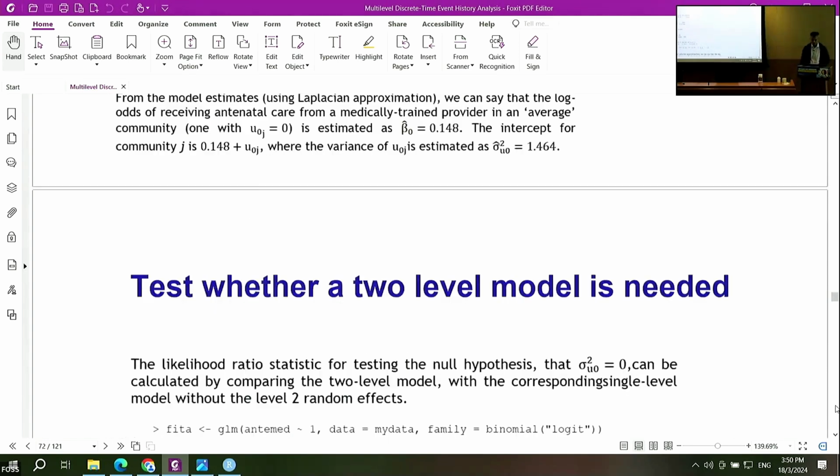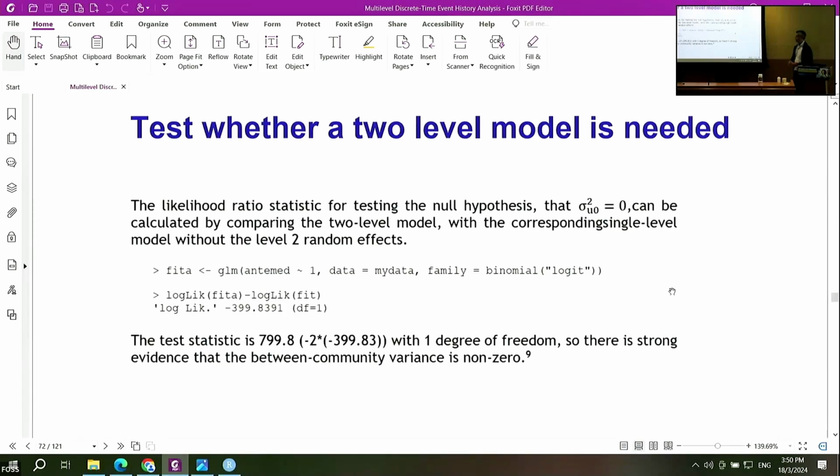So that's what the next few slides do. First, we can test the model fit with and without the two-level model. We can compare the single-level logistic regression model to the multi-level logistic regression model, and that's what this test does.